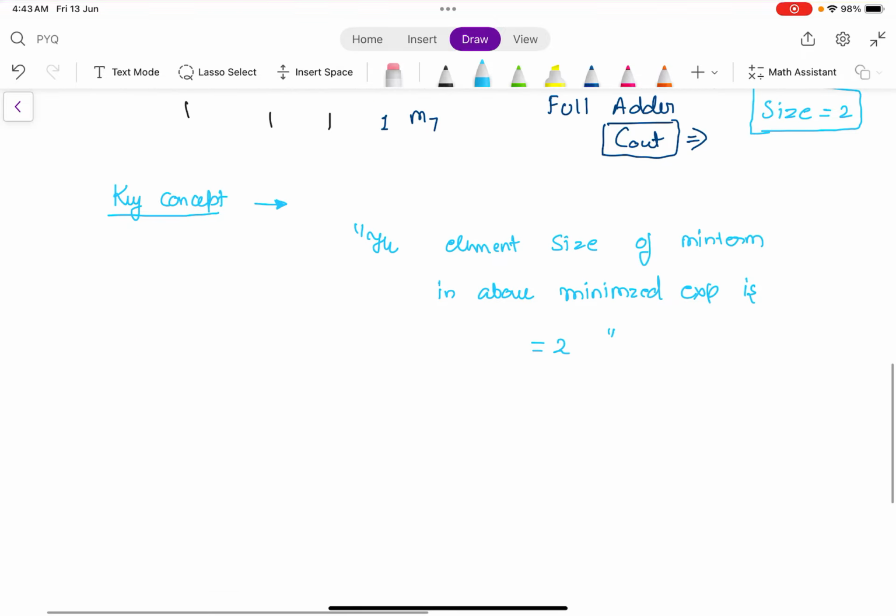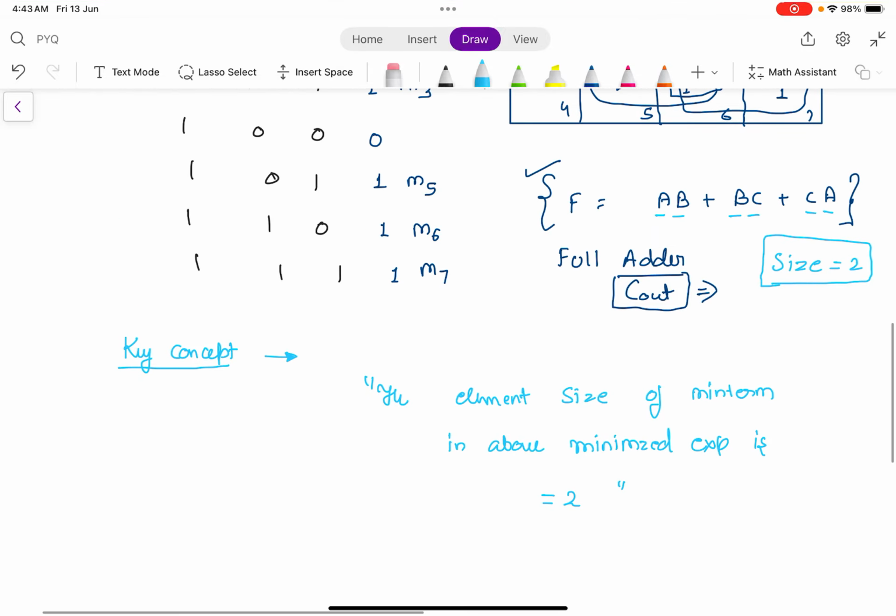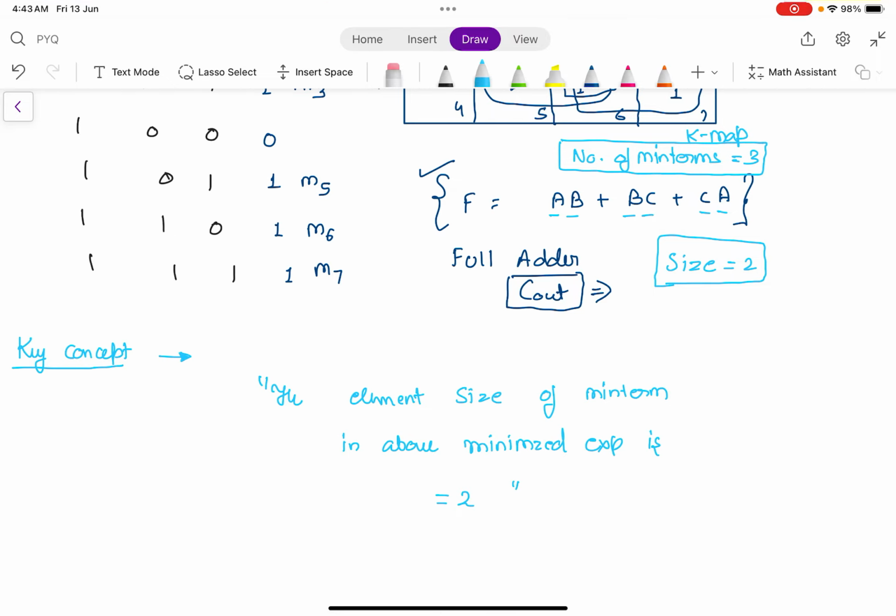And the minimized Boolean expression says that the number of minterms is 3. This you find by using the K-map. K-map can give you only the minimum number of minterms or maxterms. It does not tell you about the size of the minterms, which I told you now. The sizes of the minterms are only 2, 2, 2.